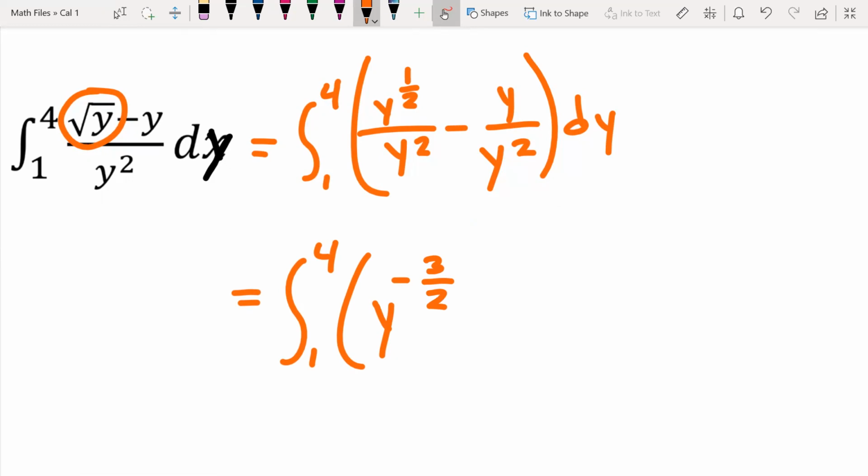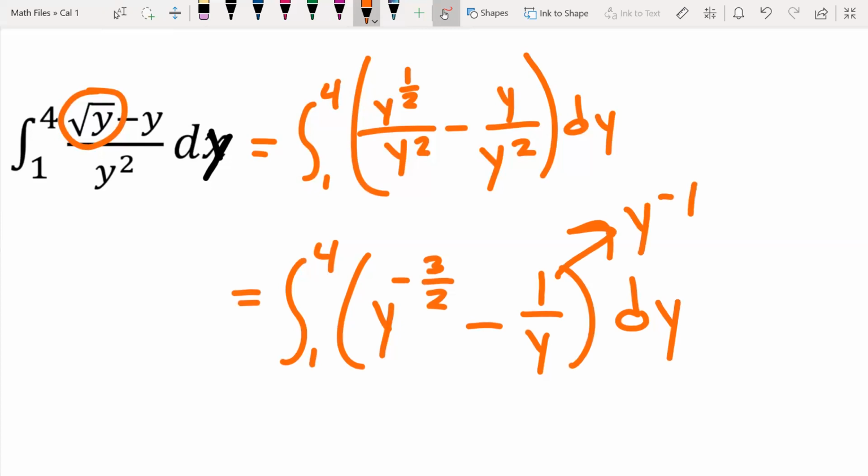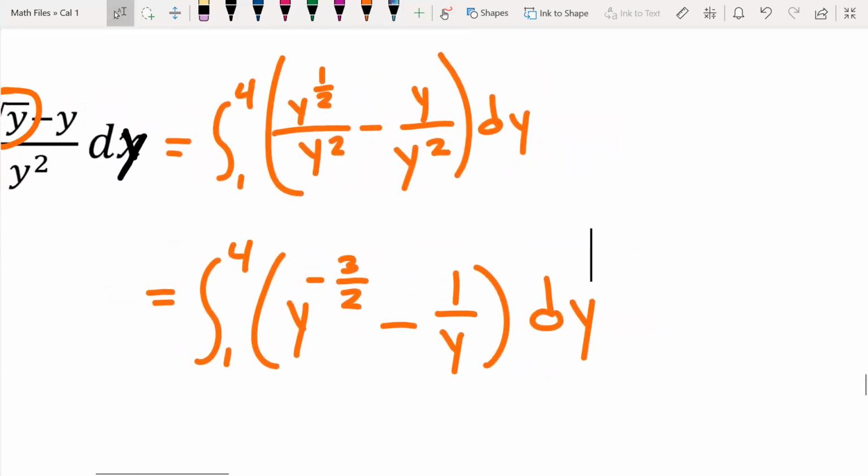Yes. Okay. And then minus y over y squared becomes 1 over y. Remember, we don't rewrite this as y to the negative 1 because you'll run into an error. Okay. So there it is.